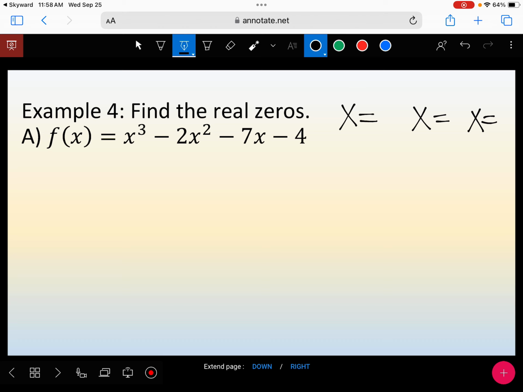So we're going to have to do synthetic division. Who remembers synthetic division? All right, I'm going to remind you, there's two different types of division. The easiest one is synthetic. So let's figure out what our possibilities are.